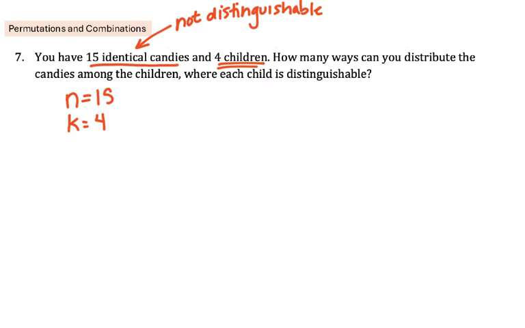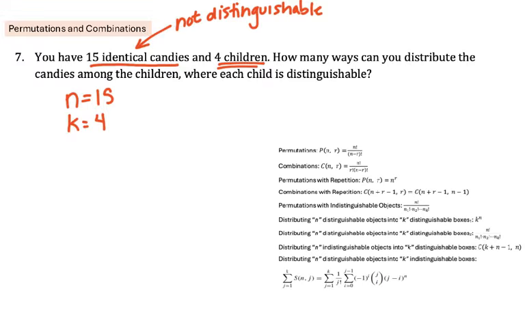Let's pull up the formula sheet. And here is the formula where we've got indistinguishable objects going to distinguishable boxes. In this case, that's instead of boxes, it's children. And the formula is combination k plus n minus 1 comma n.